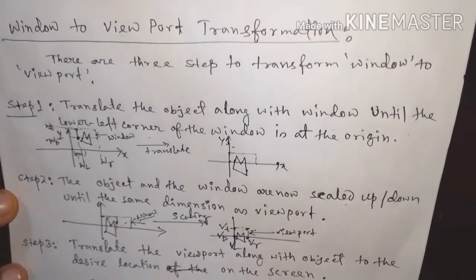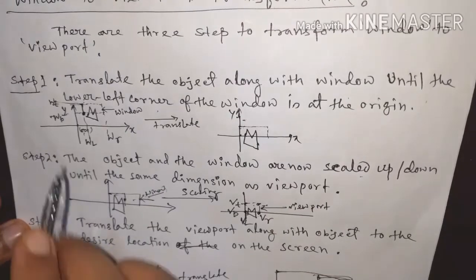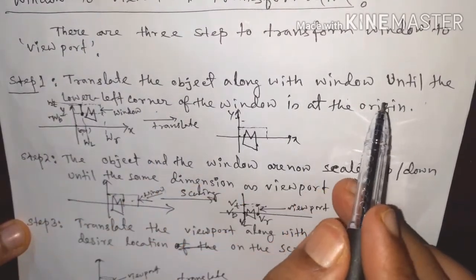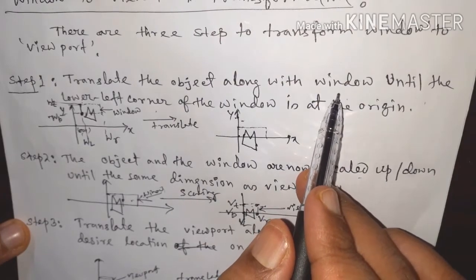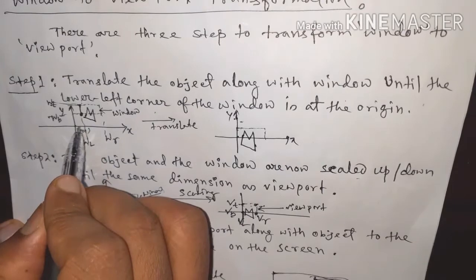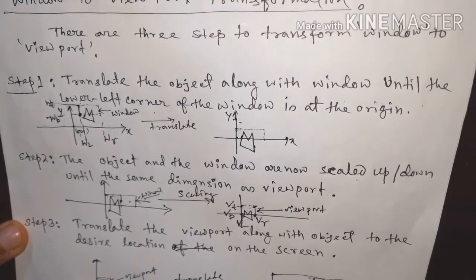So first translate the object along with the window lower left corner to the origin. For that amount we have to form the translation matrix.